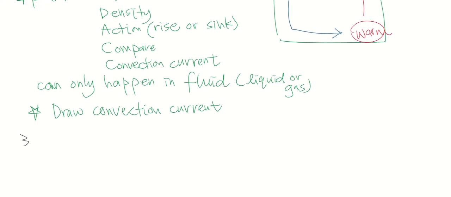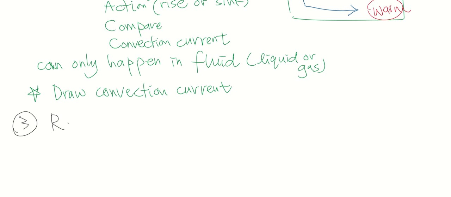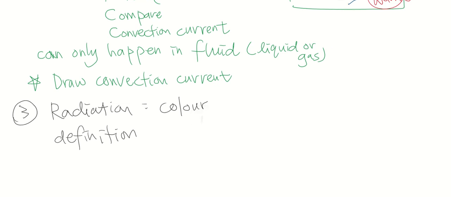What's the third process? Third one is radiation. Radiation, what do you need to take note of? The color. So again, what will they test you on? The definition. Okay?